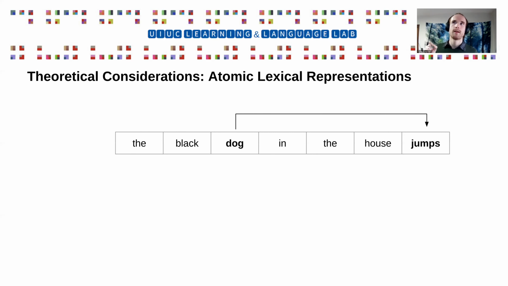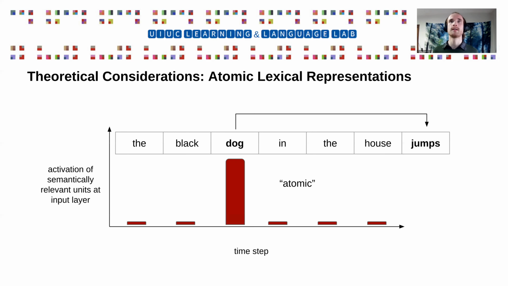And if the goal is to learn atomic relations and representations, you'd encode this relation discretely and more or less independently from all the other relations, because all the other relations don't really contribute additional information about semantic category membership. You sort of have to ignore them or learn to ignore them, right? So what you want to do, over the course of processing words from left to right, is activate the semantically relevant units, right?